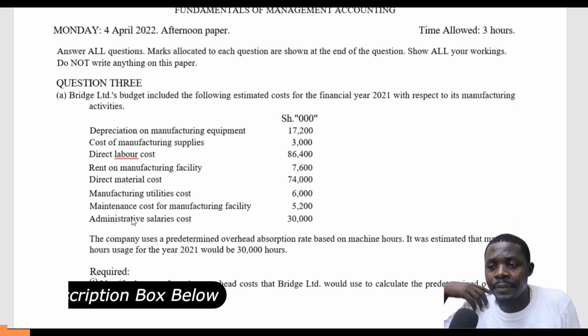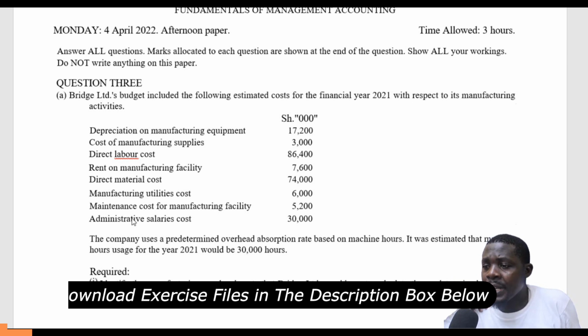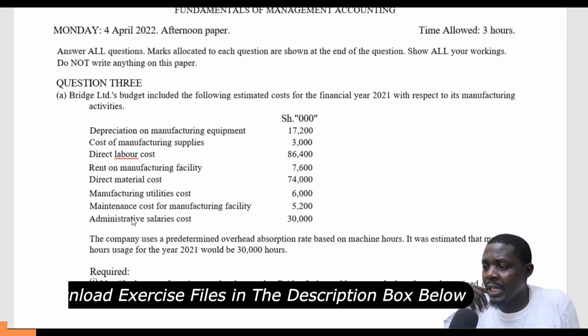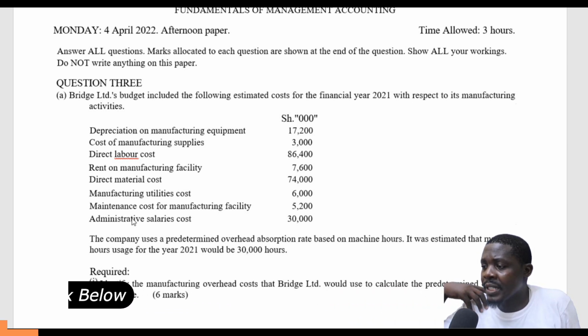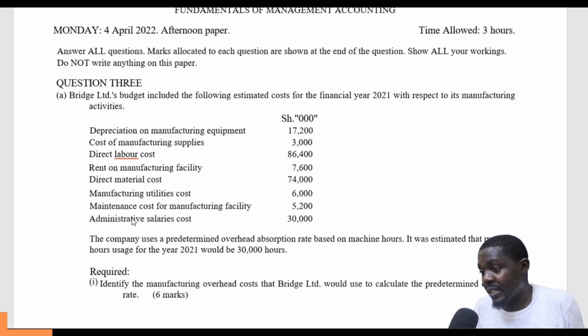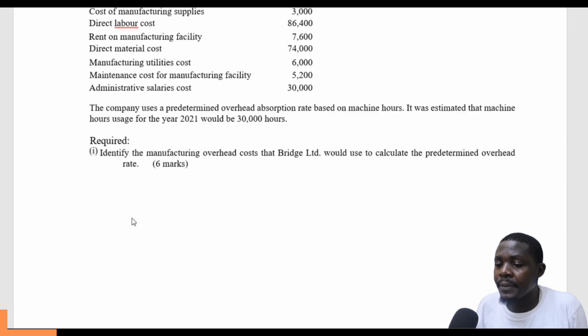They are given. The company uses a predetermined overhead absorption rate based on machine hours. It was estimated that the machine hours usage for the year 2021 will be 30,000 hours. Required: identify the manufacturing overhead cost that Preach will use to calculate the predetermined overhead rate.